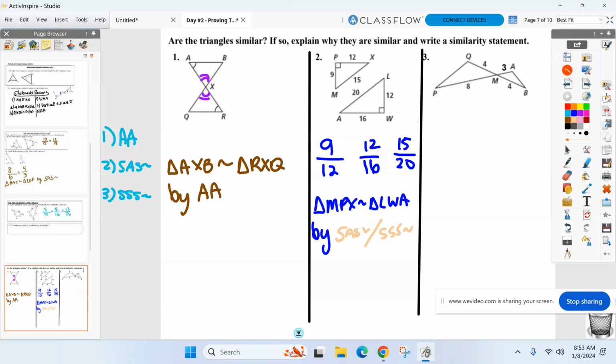So come up with the 2 ratios that match up the sides and see if they're the same.